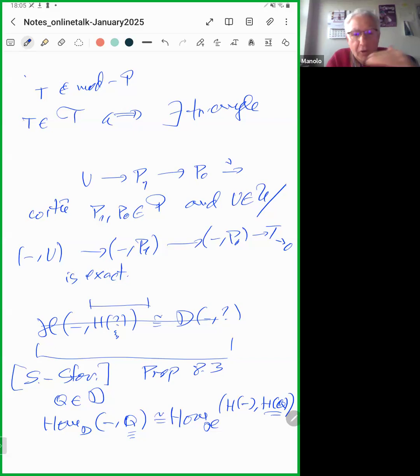So you take a compactly generated category, and then you take any set of objects, the localizing subcategory generated by that set of objects, and you take the quotient by it, and that is well generated.